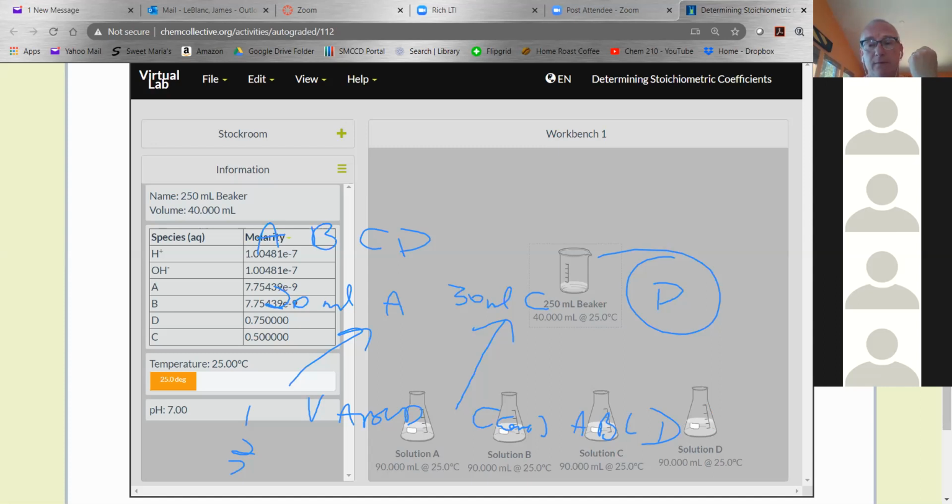So what do you think happened? It stayed the same. No, if they stayed the same, what would the concentration be? If nothing happened to A and B, what would the concentration of A and B be? Would it be 0.25 molar? Right, it'd be 0.25 molar. If you added the same volume of all 4 reactants, your baseline concentration should be 0.25 molar.